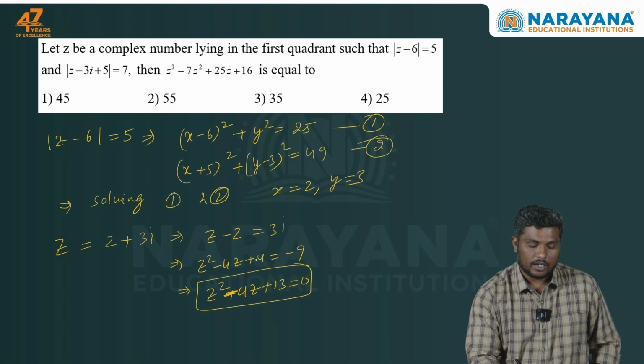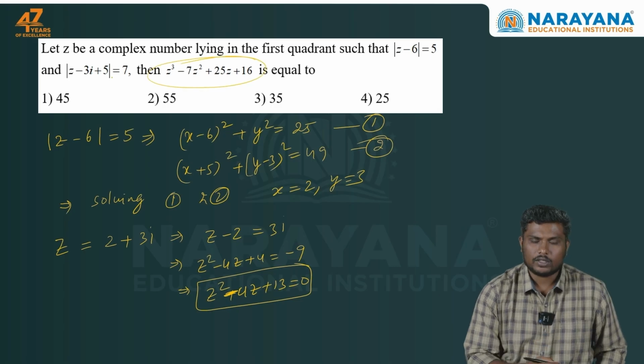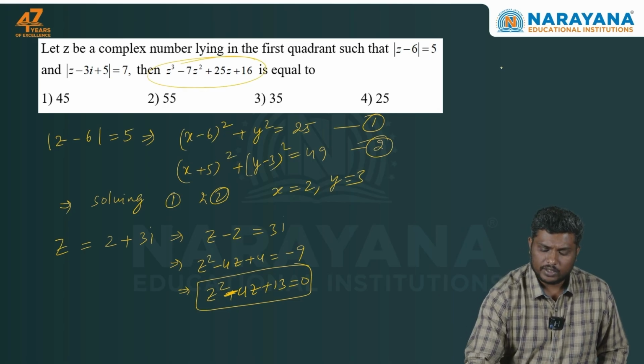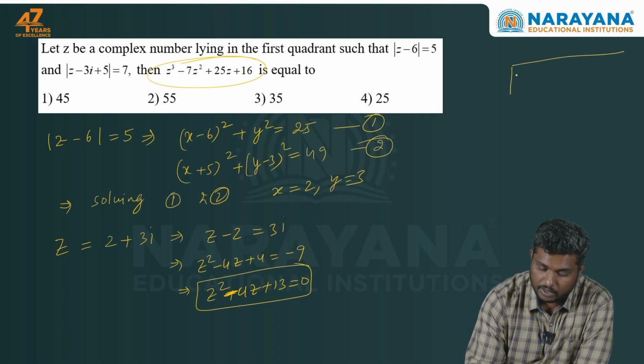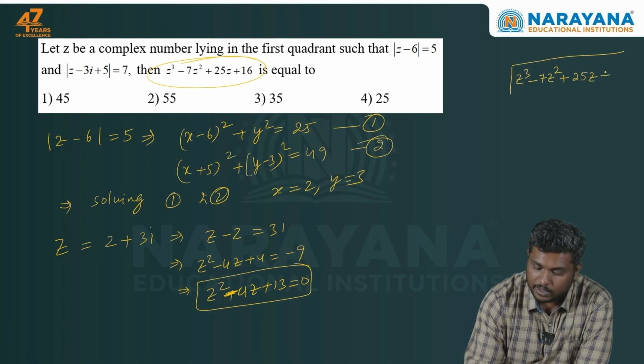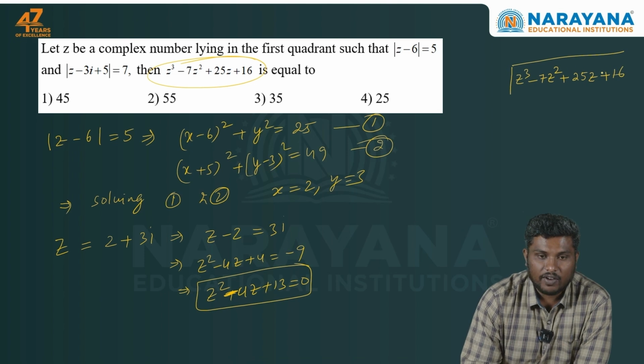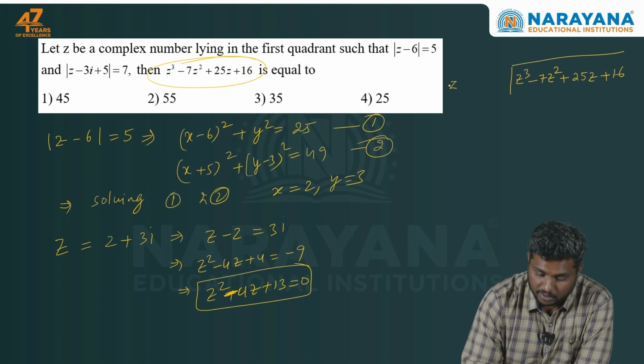So this is the quadratic. Now we need to find this particular value. You can use division and you can easily find out this value. So what is given here? z cube minus 7z square plus 25z plus 16 is divided by z square minus 4z plus 3.